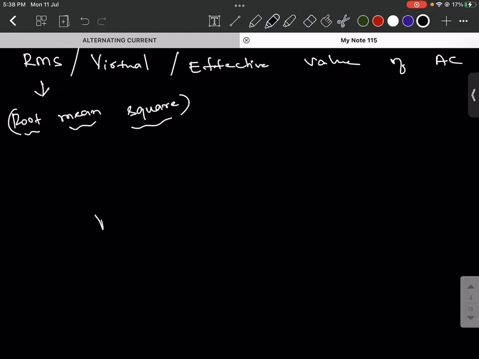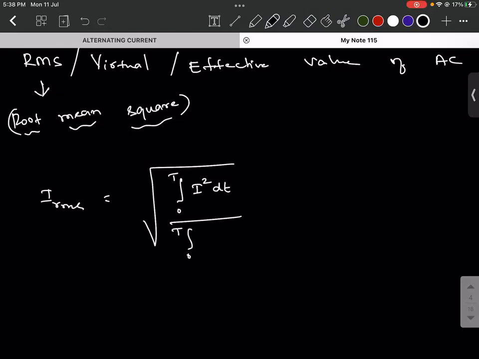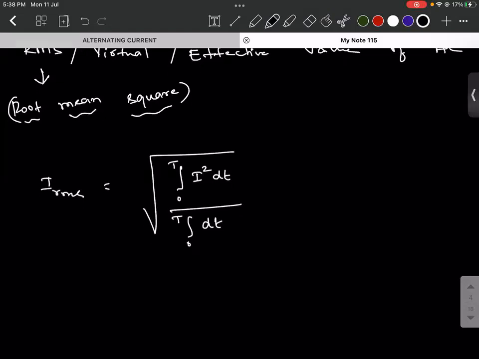So I RMS, I'll write it like this: square root of integral of 0 to capital T I square dt divided by integral of 0 to capital T dt. So the RMS value is calculated over a complete cycle only, whereas the average value was calculated only for a half cycle.